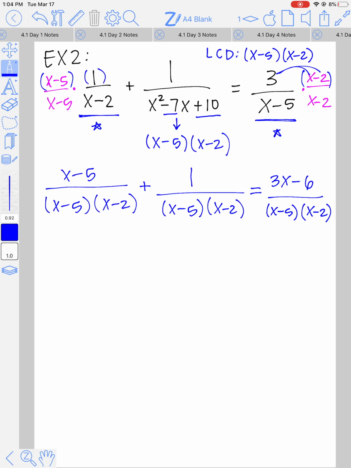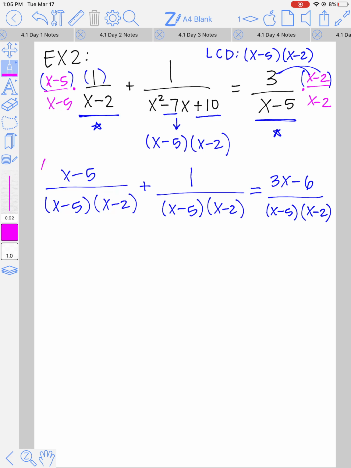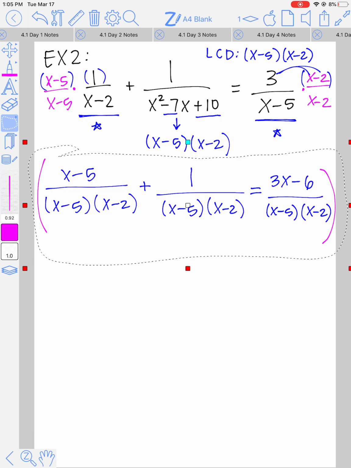Again, the next thing that I want to do is get rid of that denominator. So I'm going to multiply everything by the denominator itself. I'm going to make this a little smaller so I can fit everything.